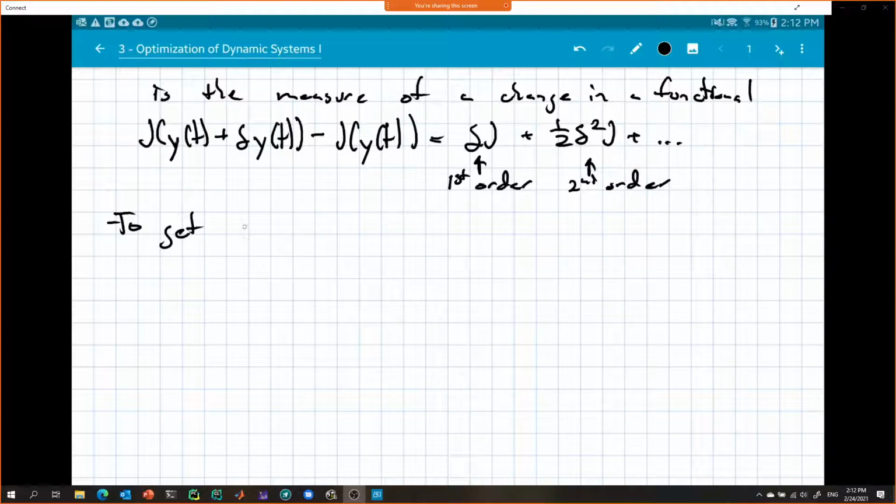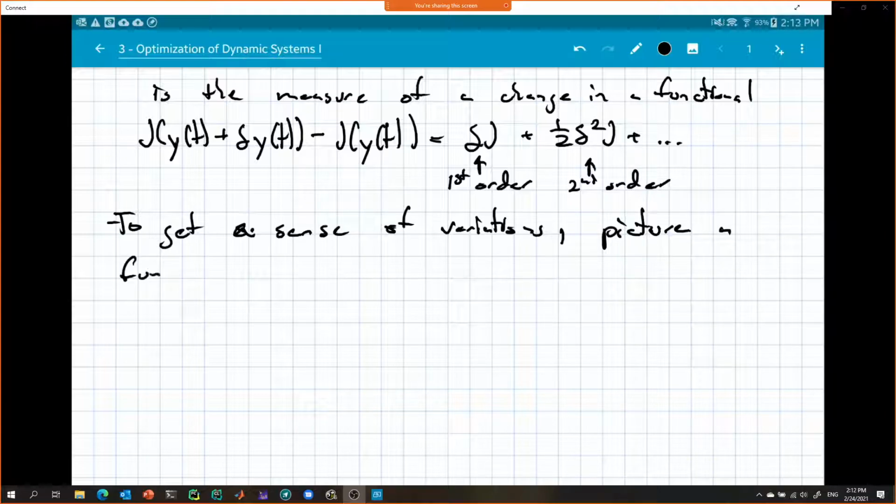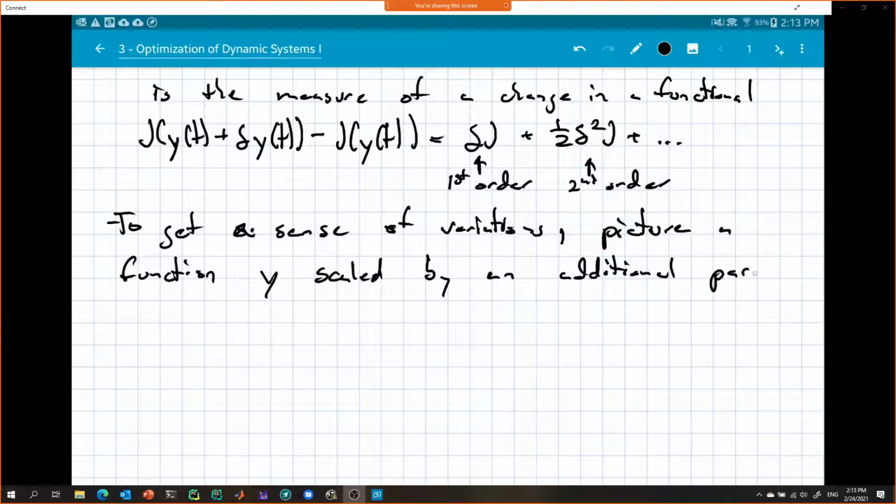Okay, so to get a sense of variations, we picture a function y scaled by an additional parameter epsilon.